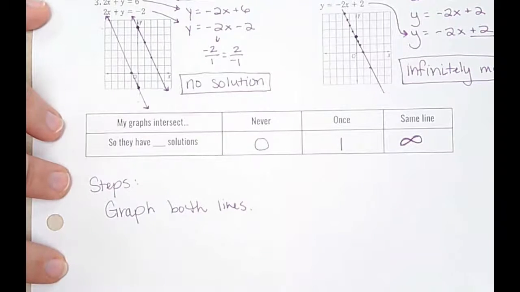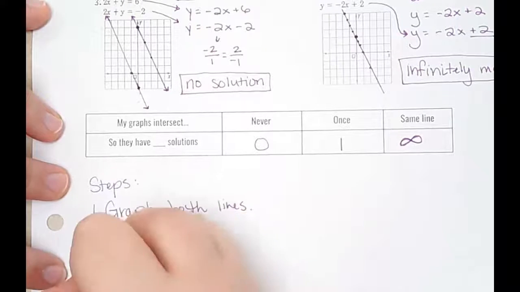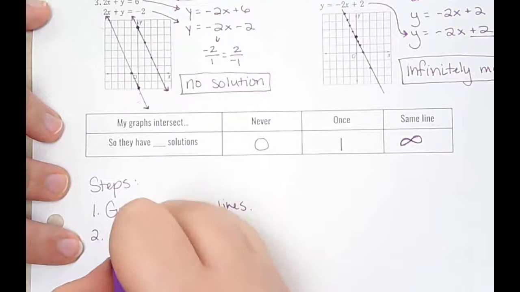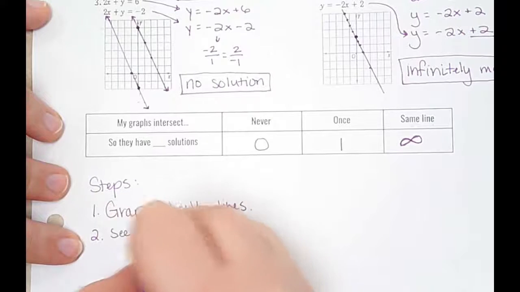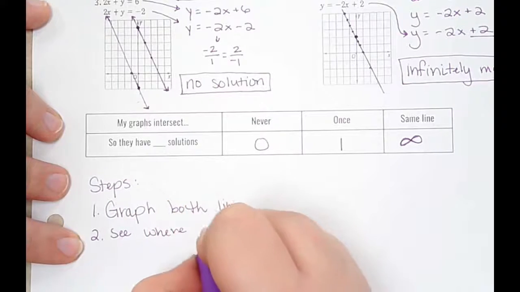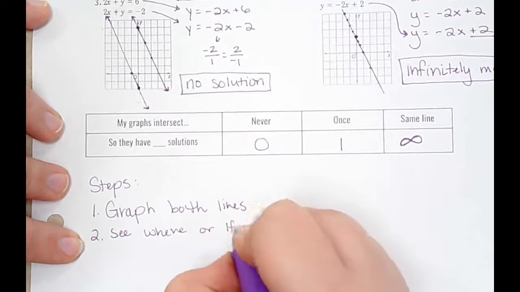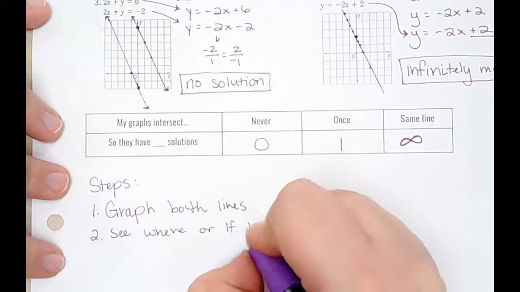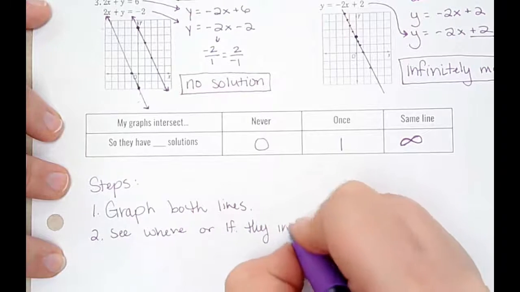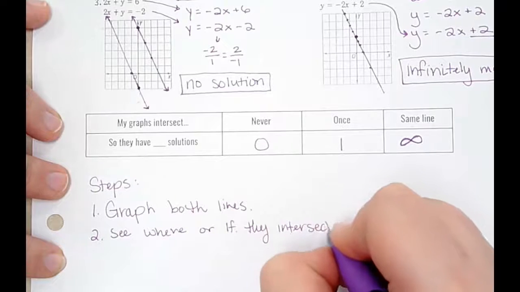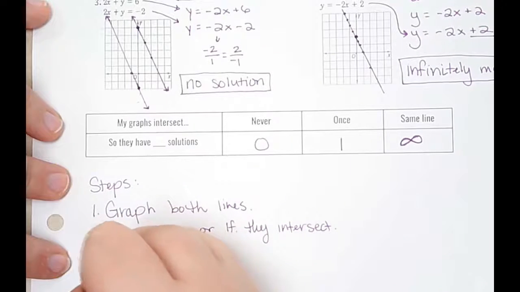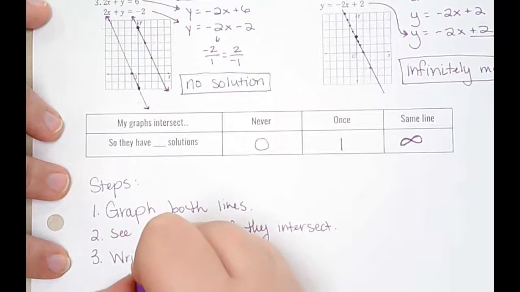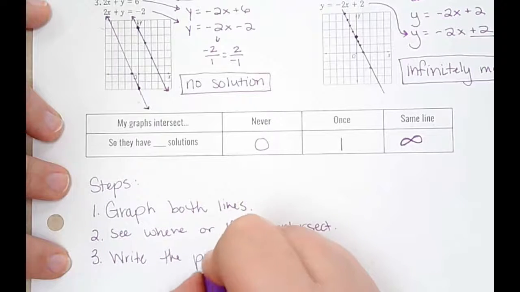We're going to graph both lines. We're going to see where or if, because they won't always, where or if they intersect. And then you're going to write the point at which they intersect if it exists.